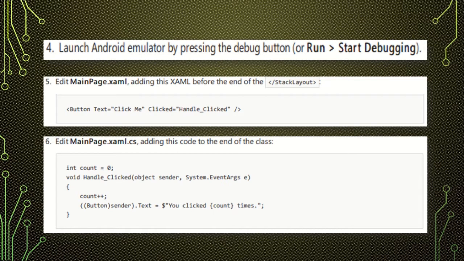Step 5, edit MainPage.xaml, adding this XAML before the end of the stack layout. Step number 6, edit MainPage.xaml.cs, adding this code also to the end of the class. Each of the code is located down below of every step.